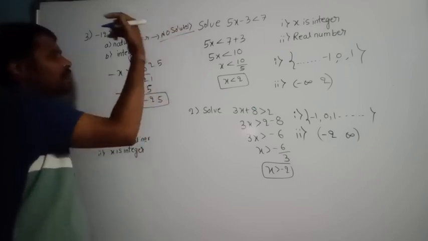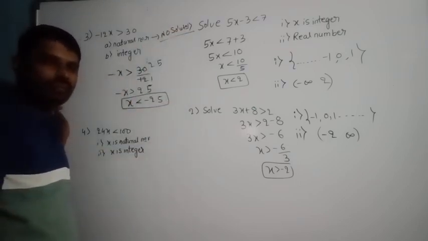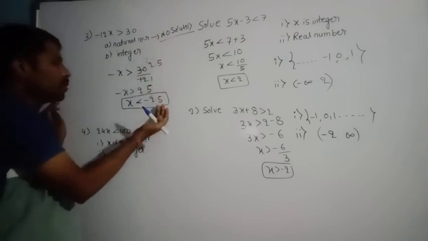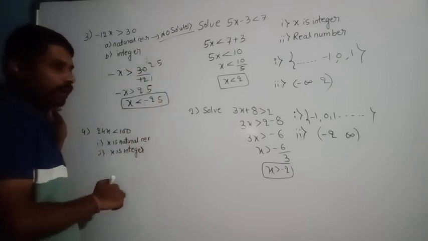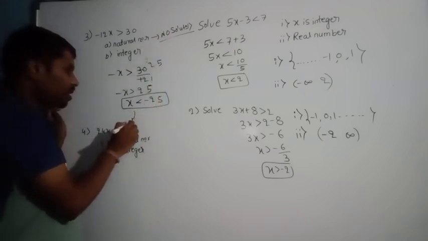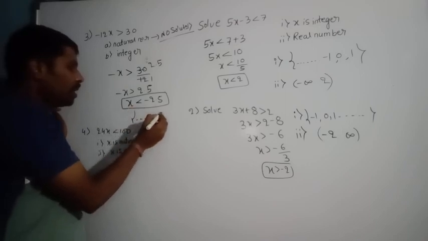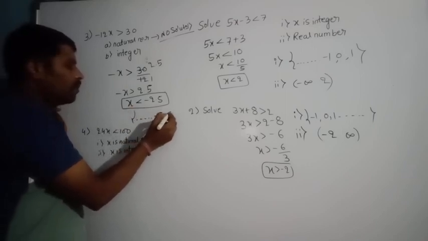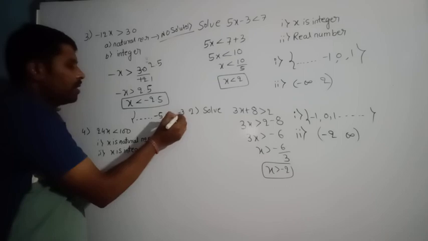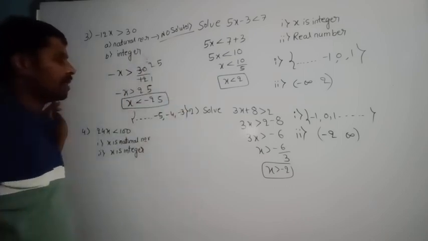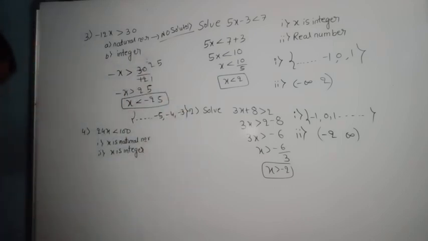No number is satisfying the condition. Then if it is an integer less than minus 2.5, many are there: minus 5, minus 4, minus 3, and so on. Those are the required answers. Understood? Any doubts? Once again, look at this.